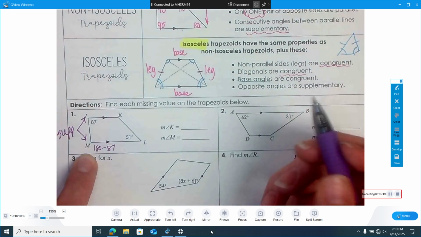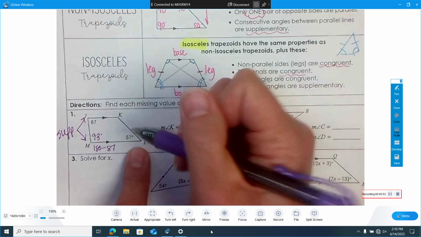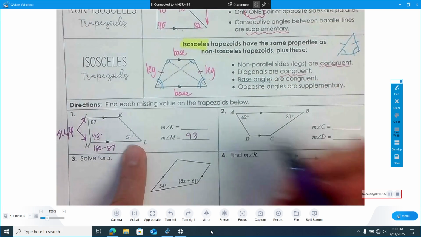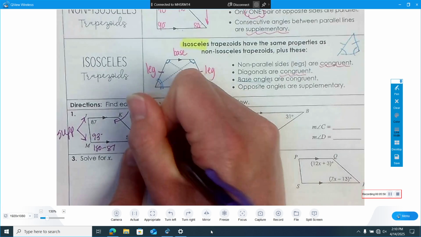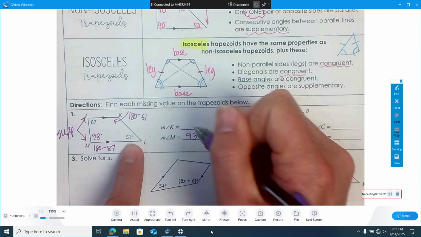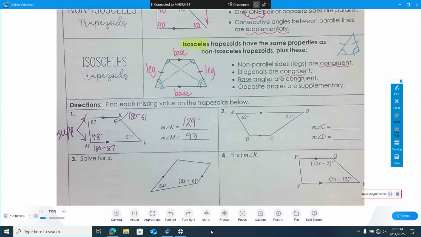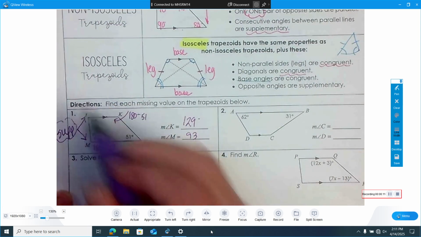What do we get? 93. And how do we find angle K? 180 minus 51. Very good, which is 129. Again, between the parallel lines, we get things that are supplementary.